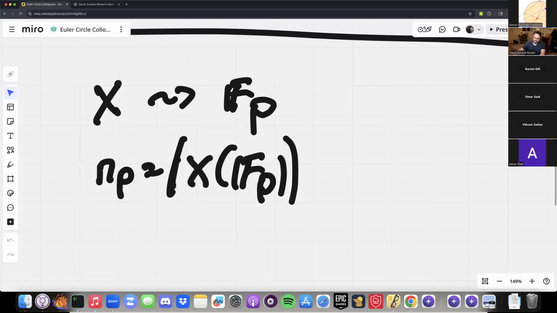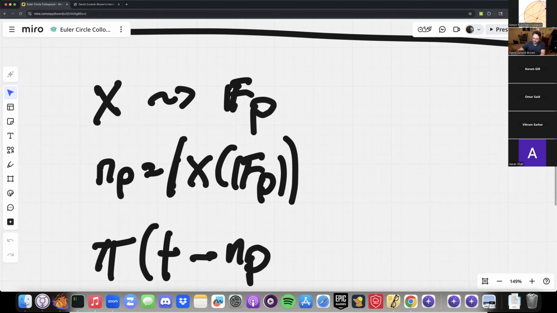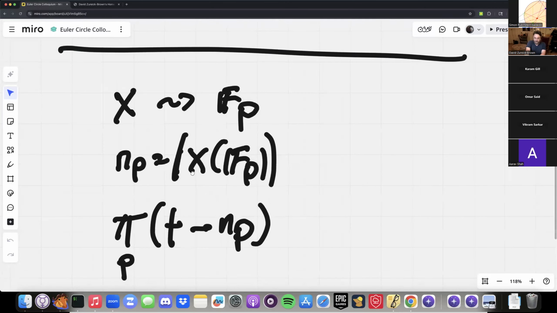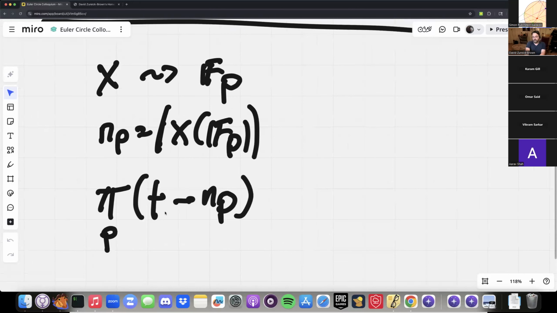And so what L functions do, I mean, this isn't what the L function is, but you could try to do something like take a variable T to the N_p and then take the infinite product of these. Okay, so this one, it turns out, is badly behaved, but what L functions are is a way to try to package information you have about your problem into some object that you can do calculus with.